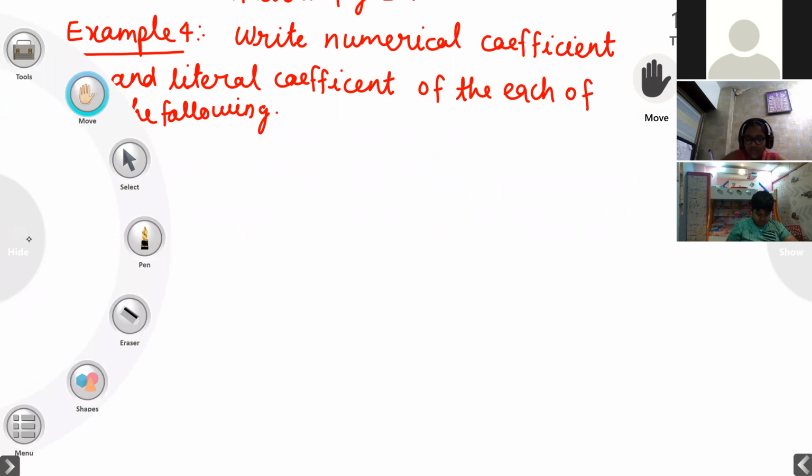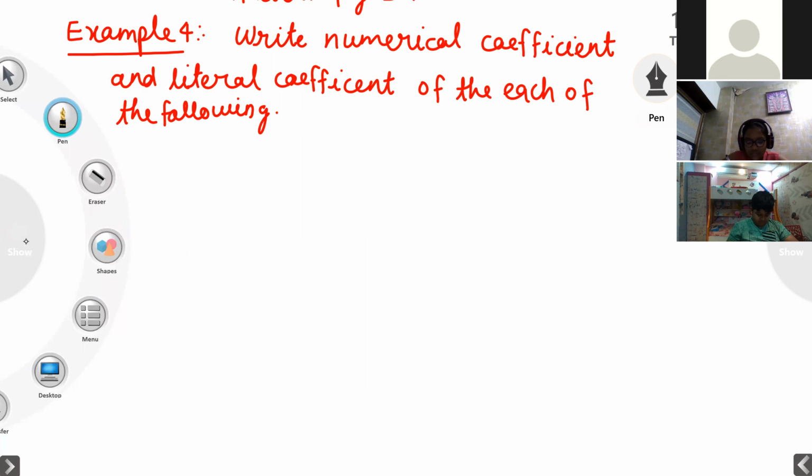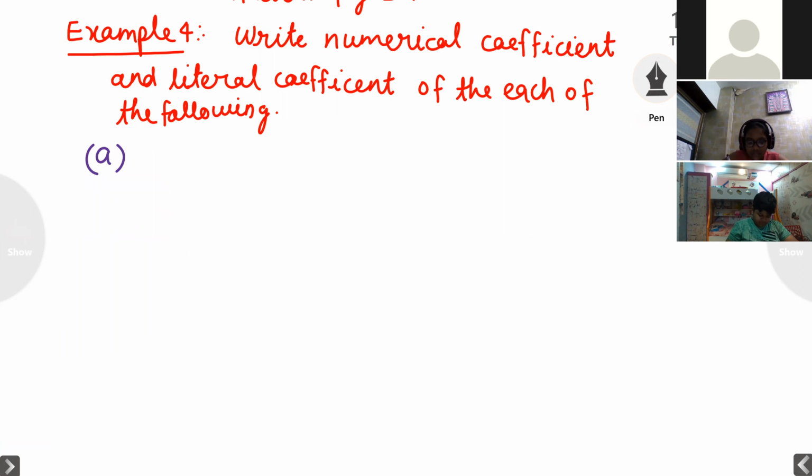First question I'm writing. Everyone concentrate. I have written the first example, 2xy square. He has asked the question: write numerical coefficient and literal coefficient. Numerical means number. 2 is the numerical coefficient. xy square is the literal coefficient.